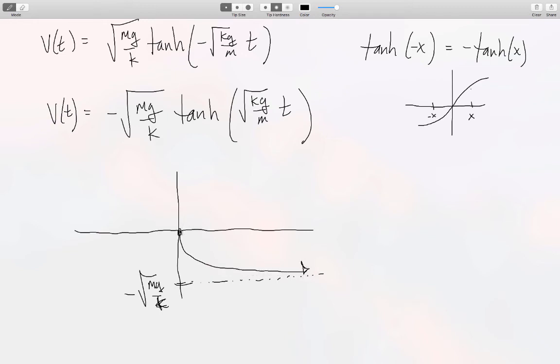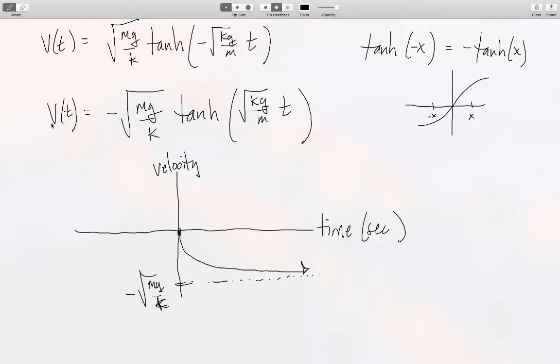So the object starts at 0 velocity, gets faster and faster until it reaches this terminal velocity, negative in the orientation that negative is down. So this is time here. And whatever units you're using, that's seconds. And then this is the velocity. And this is valid for feet per second or meters per second for the velocity.